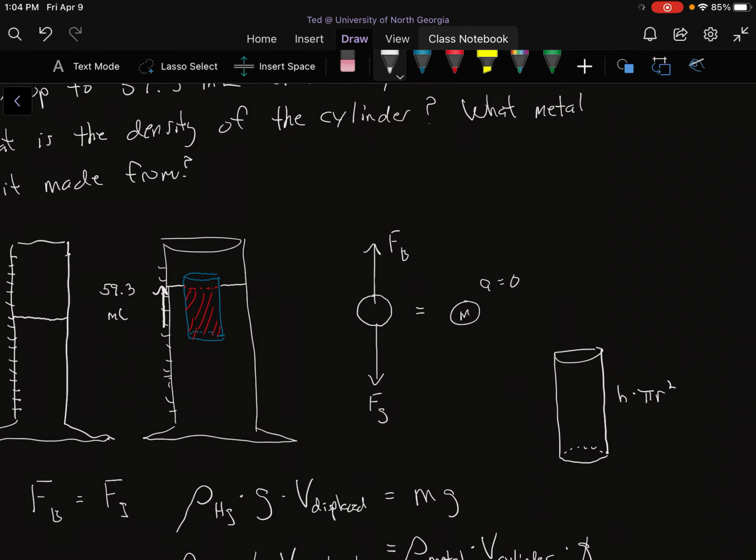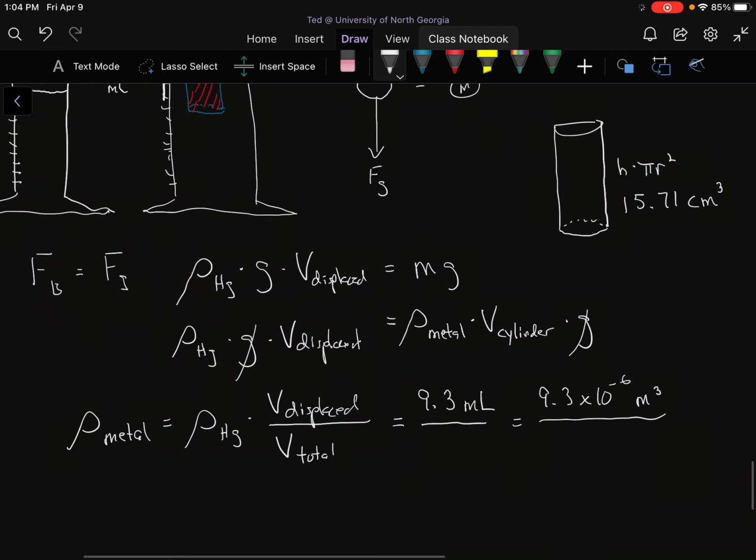So 1 squared gives me 15.71 centimeters cubed.